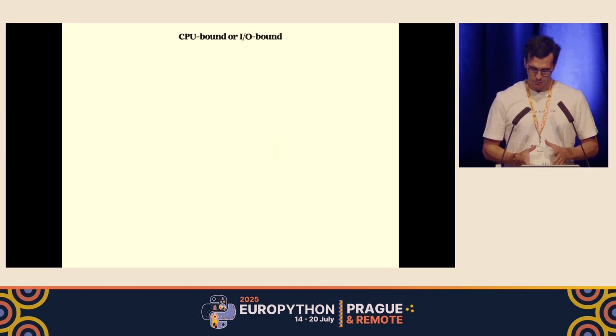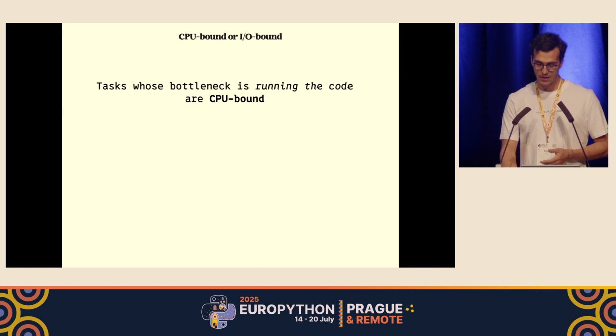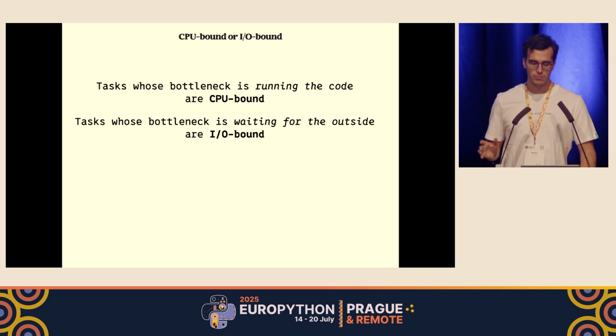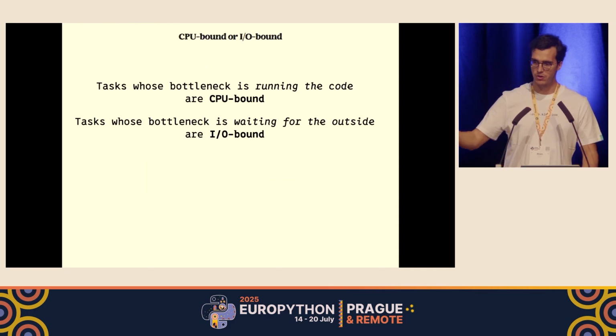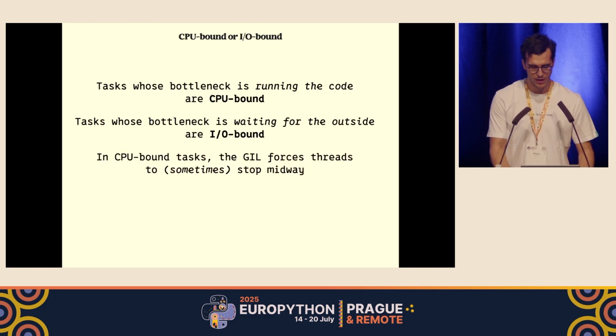Another thing that I want to talk about is CPU-bound versus I/O-bound. I'm not going to use academic definitions. I'm going to go with my definitions. In this case, tasks whose bottleneck is actually running the code are called CPU-bound. And the tasks whose bottleneck is waiting for something to do its thing and come back are called I/O-bound. Okay, they're not really academic, but at least we're going to go with that.